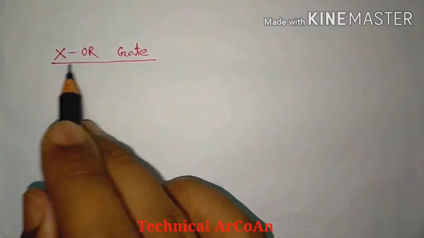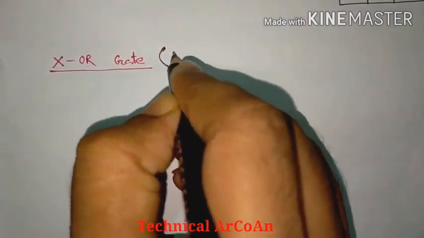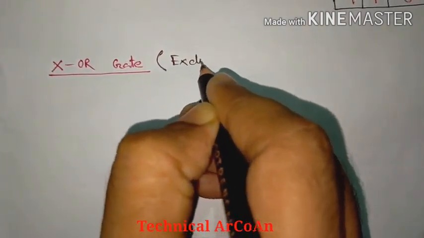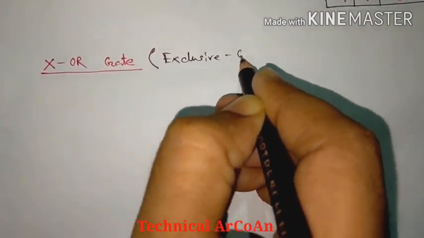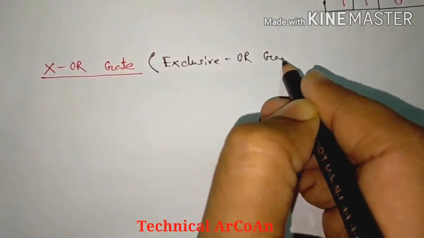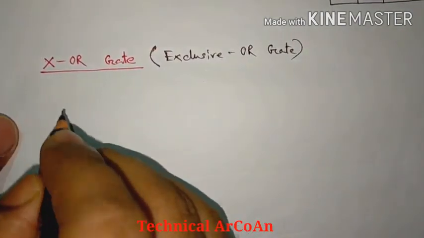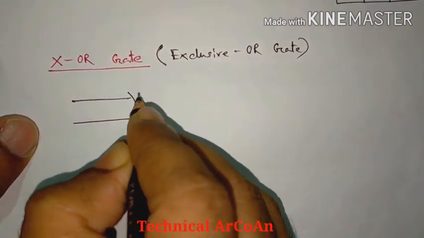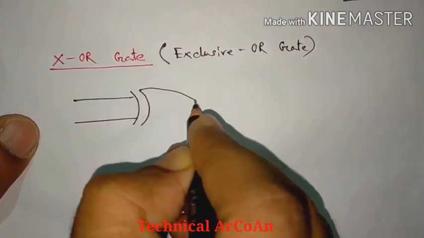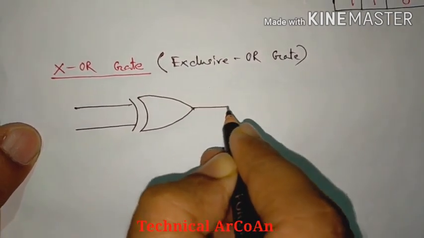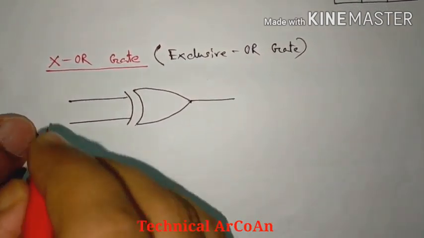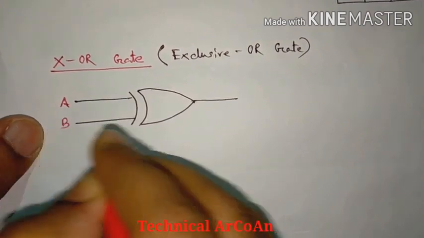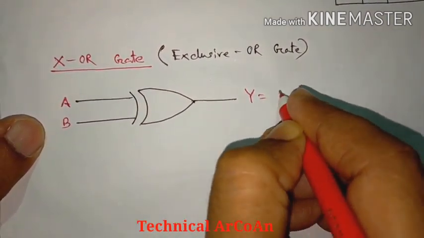Next gate is the XOR gate, or we can also call it exclusive OR gate. So we go for the block diagram first. XOR block diagram is like that, where A and B are your inputs and Y is your output.